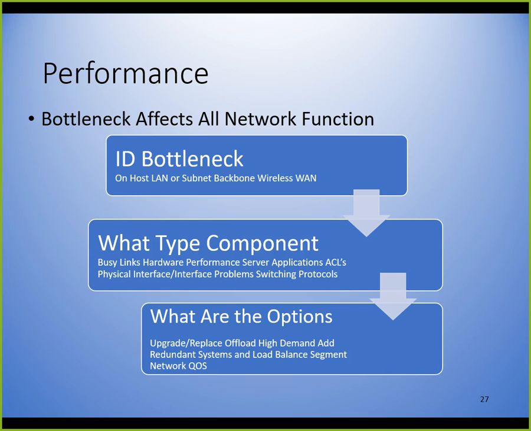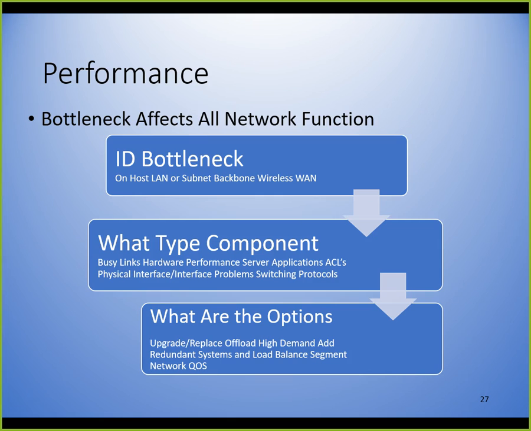Traceroute can probably help us out there, because Traceroute gives us the round trip times of the packets that go out there. What type of component? Busy links, hardware performance, server applications, access control lists, a physical interface, interface problems, switching problems. What component is the issue? And then what are our options? Can we upgrade it, replace it?